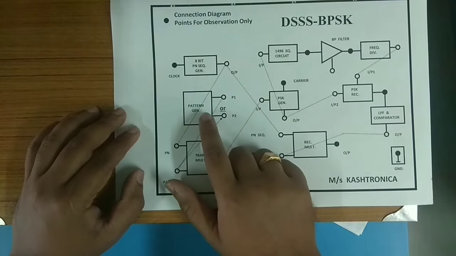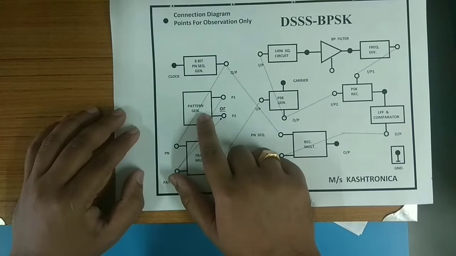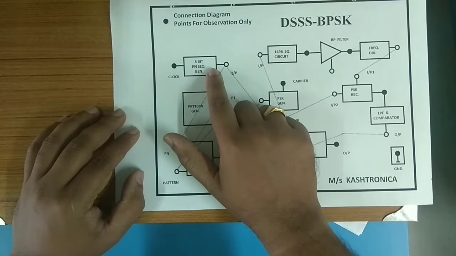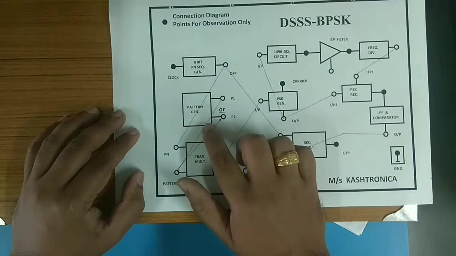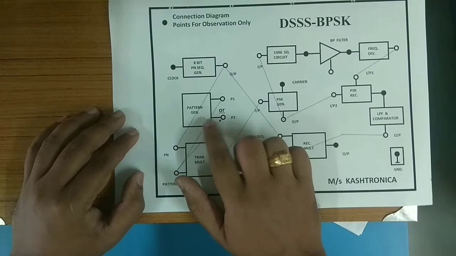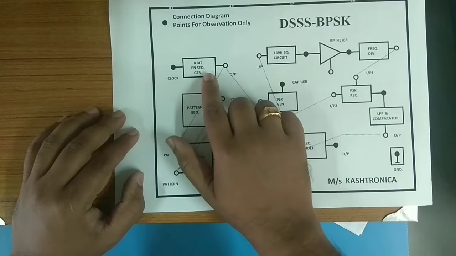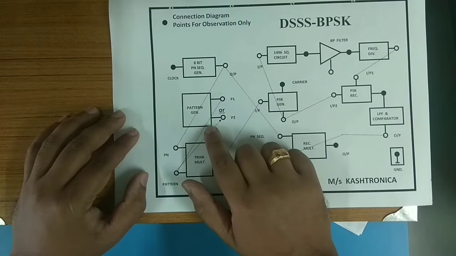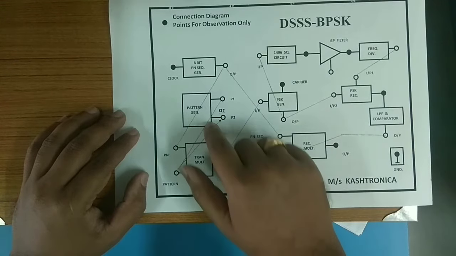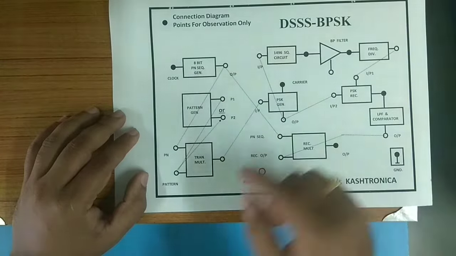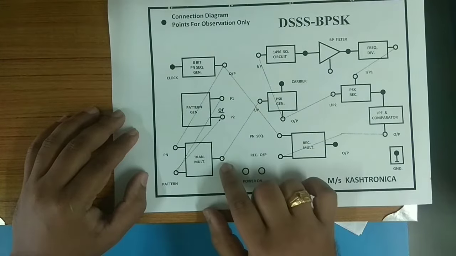The bit period of the pattern signal is large compared to the bit period of the PN sequence. In our practical, the pattern signal has a bit period of around 3.5 millisecond and the bit period of the PN sequence is 500 microsecond. Means in a single bit of the pattern we will be adjusting around 7 bits of the PN sequence. So the multiplied signal is the DSSS signal.